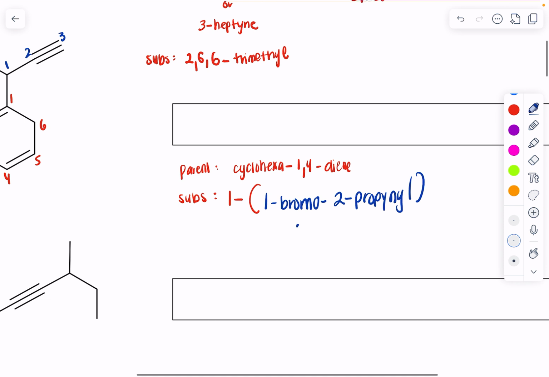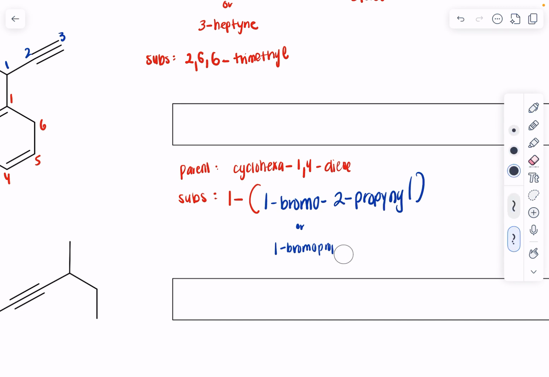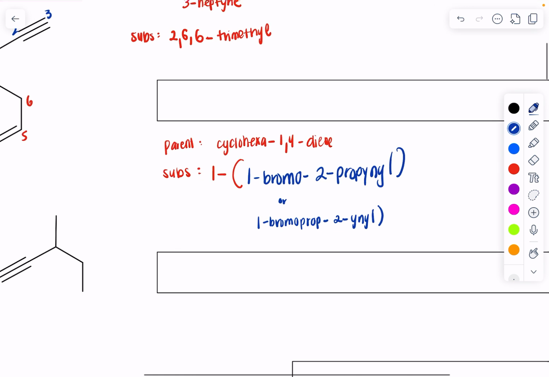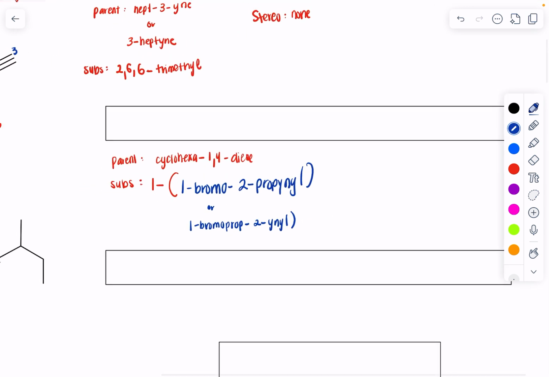Or you can write it as 1-bromoprop-2-ynyl. I think I prefer the first way. I feel like it's way easier, but whatever is fine.